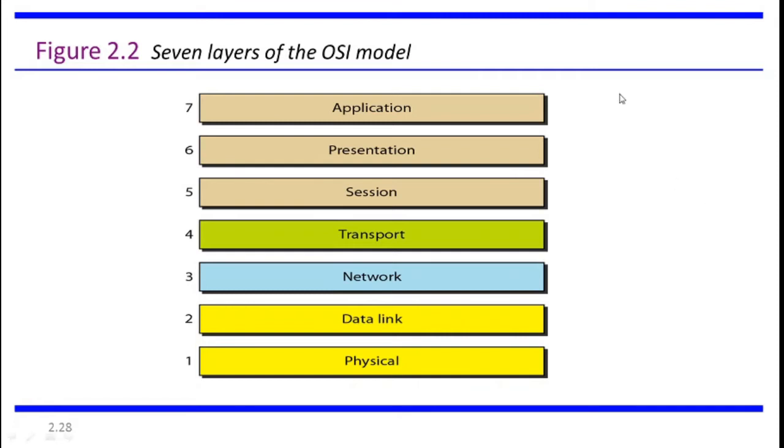The 7 layers of OSI reference model are as follows: application layer, presentation layer, session layer, transport layer, network, data link and the physical layer.